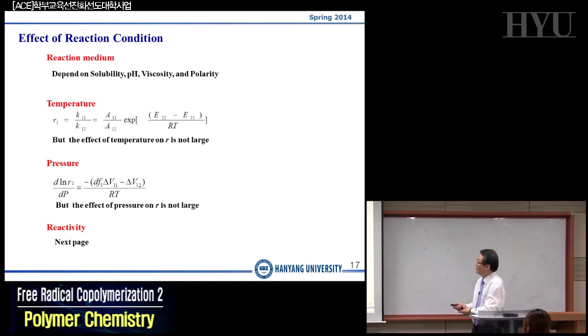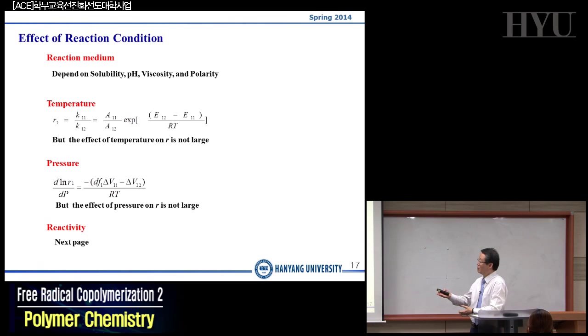Well, the monomer reactivity ratio is defined as a ratio of the different kinetic constants, and as you already know, the kinetic constants of each case should be related with the Arrhenius equation, and from this Arrhenius equation, you can easily say that the monomer reactivity ratio should be dependent upon the temperature.